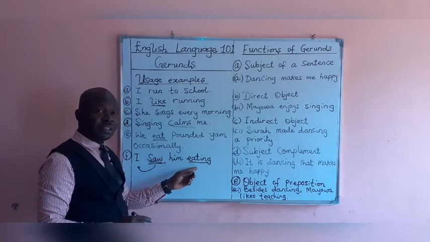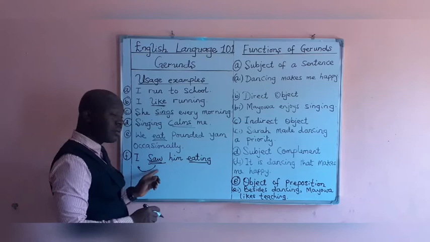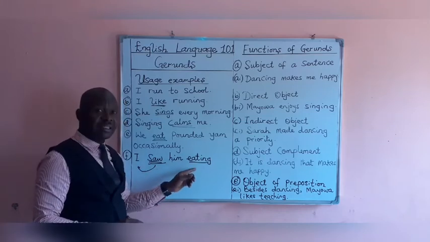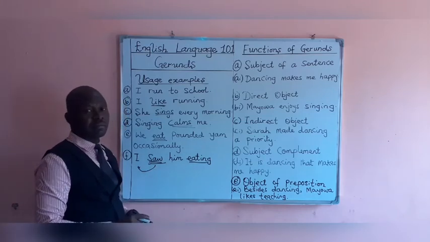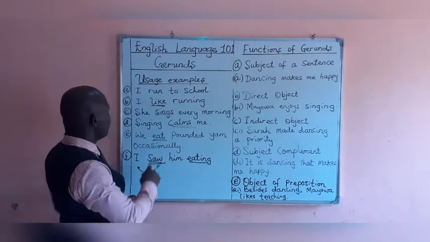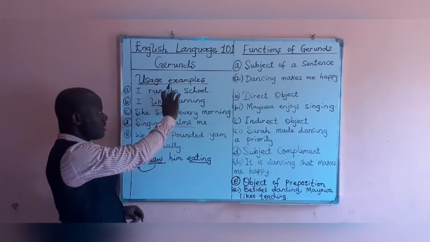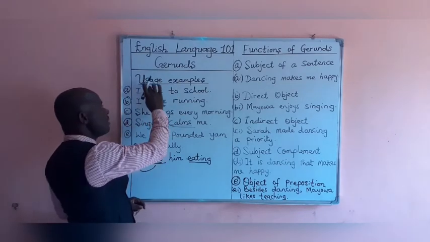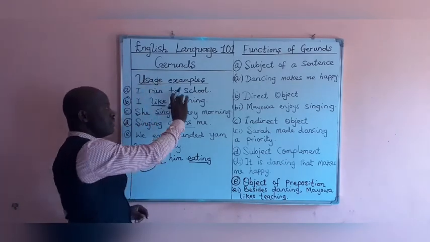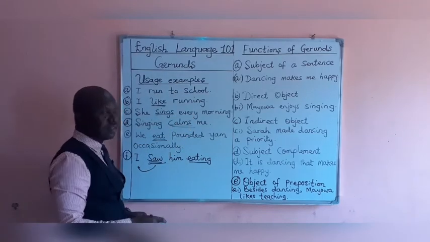It's not functioning as a verb, rather, it's functioning as a noun. So we have 6 sentences, put in pairs, 3 sentences, showing a verb and its gerund equivalent.